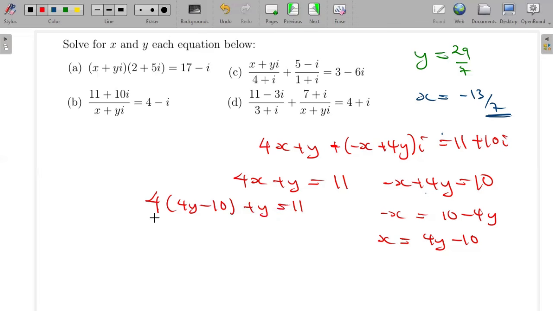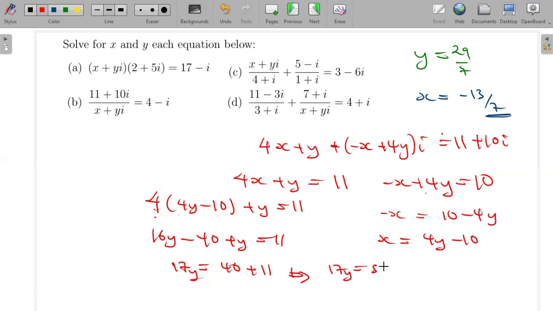So multiply that, I get 16y, multiply 4 by that, I get negative 40, and then plus y is equal to 11. So I add that, I get 17y. Take the 40 to the other side, that will be 40 plus 11, and this gives me 51. So I have 17y is equal to 51.